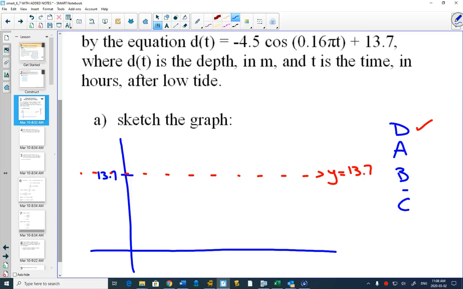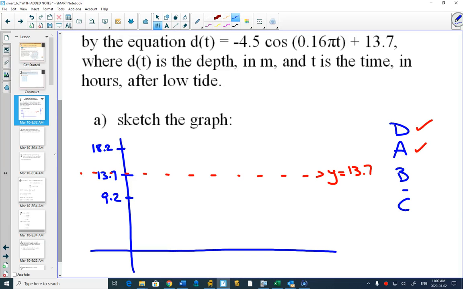I have to estimate if this is 13.7, maybe this would be around 4.5 down and 4.5 up, which takes me to 18.2 and 9.2 for my maximum and minimum. So we're sort of doing an estimation there of what they would be. So there's our amplitude done.